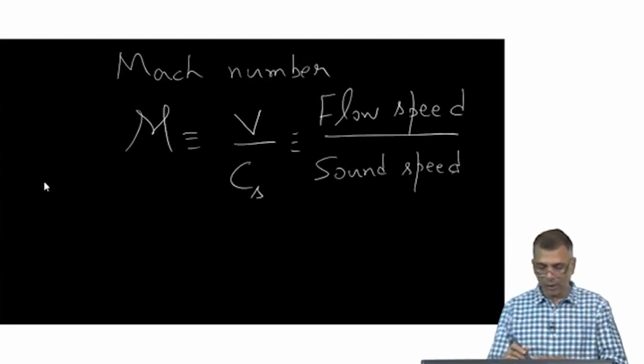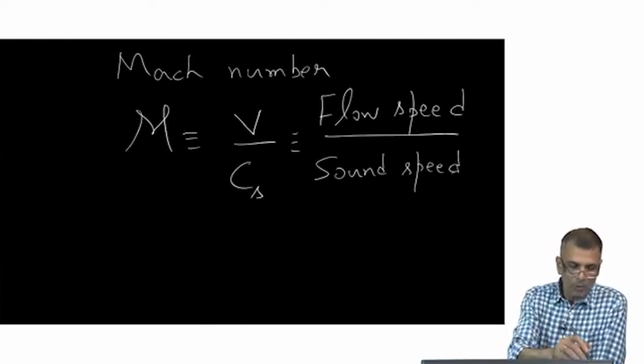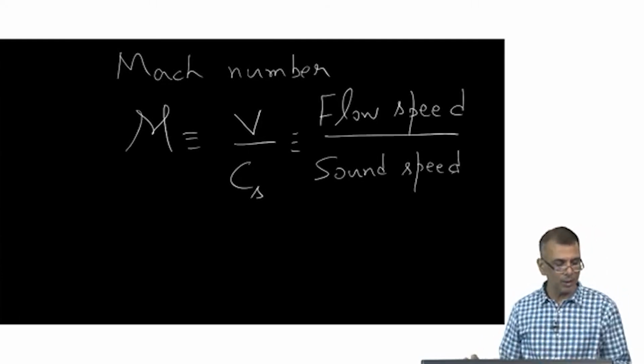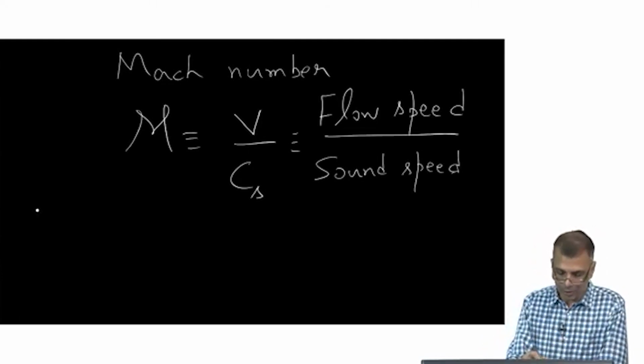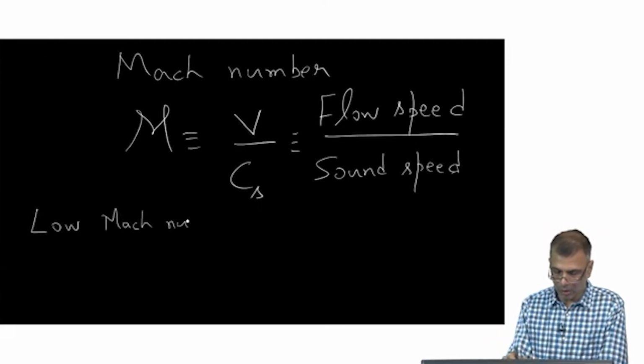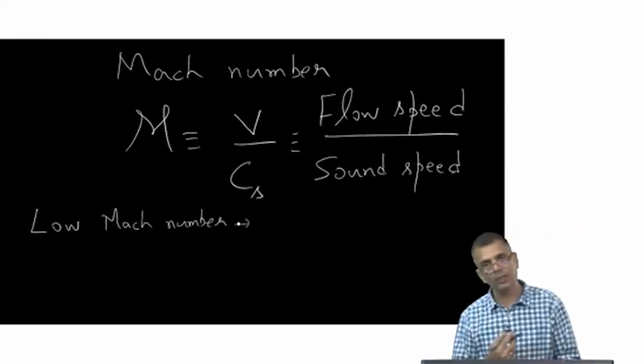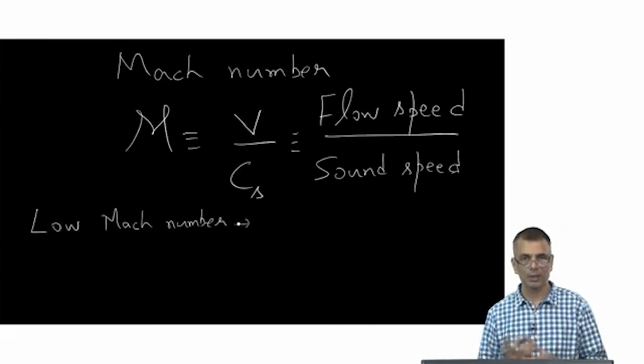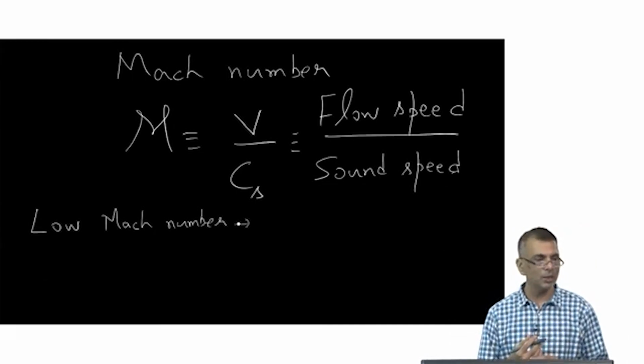And generally, low Mach number, and we will justify this later. Low Mach number situations essentially means that the pressure gradient term is more important than the inertial term, because that's what the ratio is.